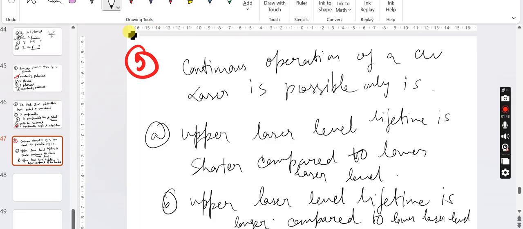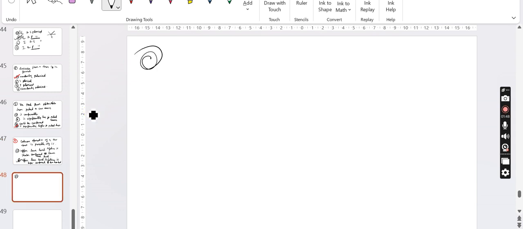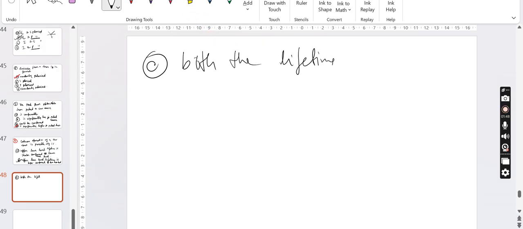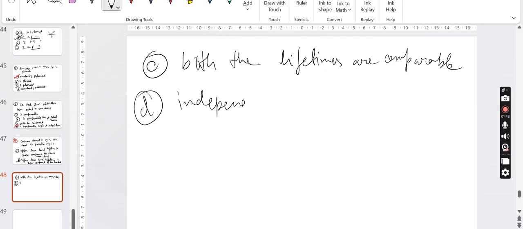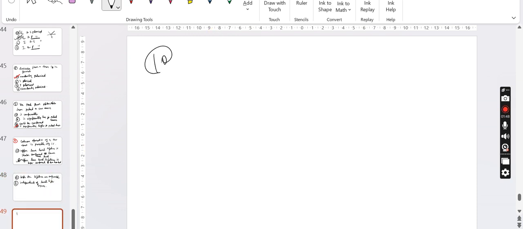You know that is one of the answers, but let's go to the third and fourth options. C, both lifetimes are comparable. That is also not possible. D, it is independent of level lifetimes. That is also not true. Question number 10.